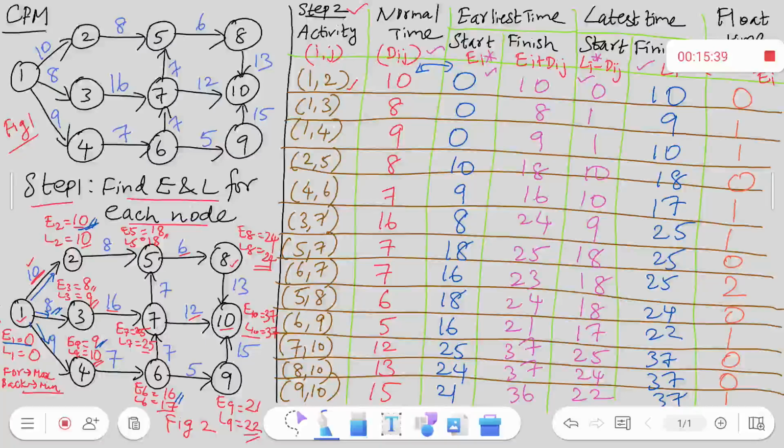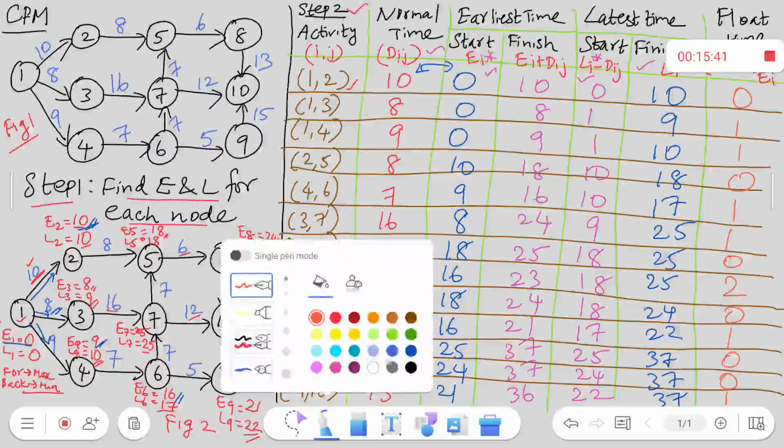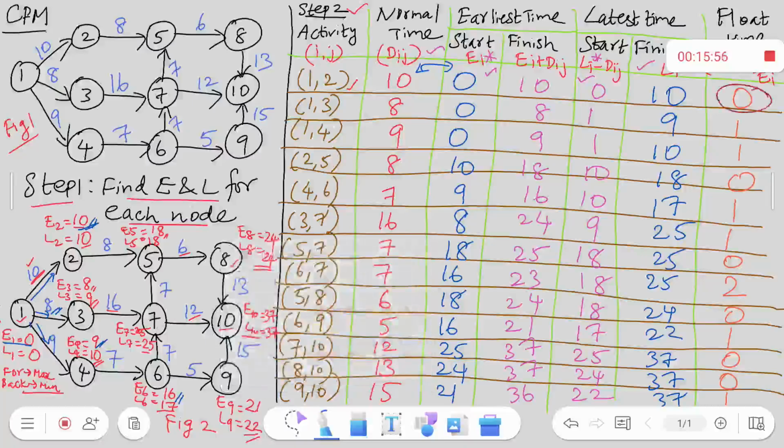Now, I have to mainly note down the float values. So, when I see the float values, we have to see which value to select. So, select the 0 values: 1, 2, 3, 4, 5, 6. These are my float values where I get 0.